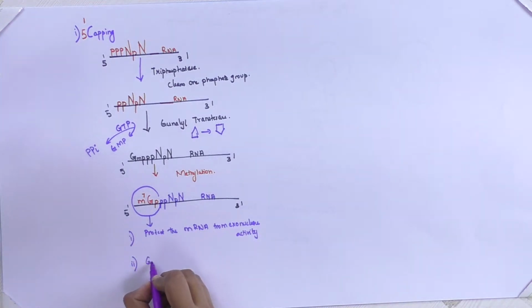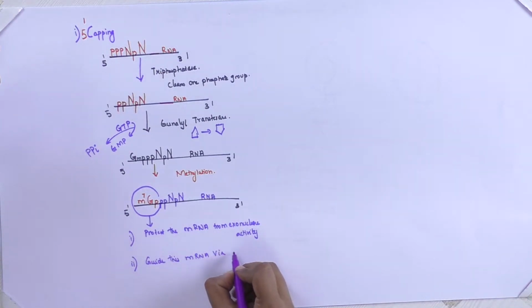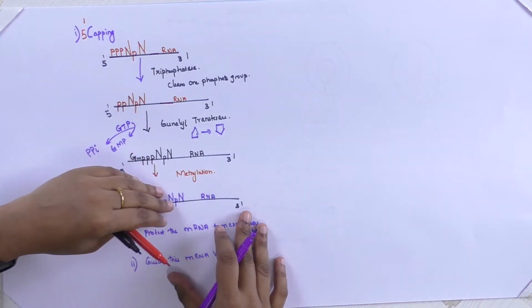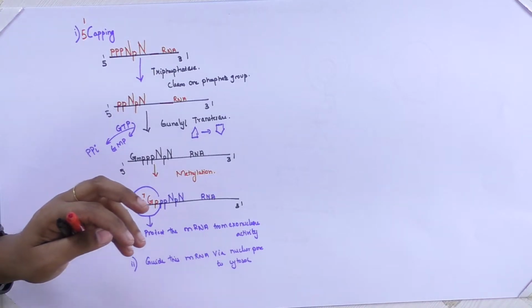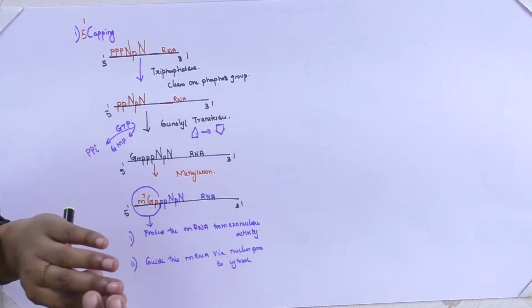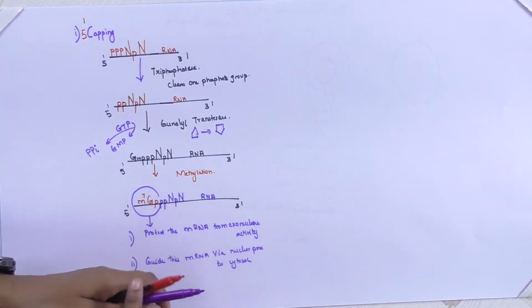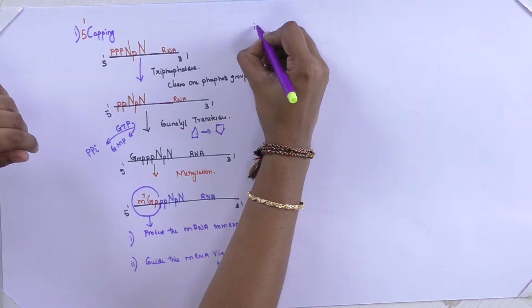Second, it will guide this mRNA via the nuclear pore to the cytosol. So it is going to protect it from exonuclease activity and it will help in the guiding of those molecules, that is the mRNA with the 5' cap, from the nucleus via the nuclear pore to the cytosol. So this is the first process of your post-transcriptional modification.